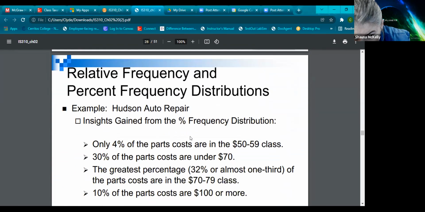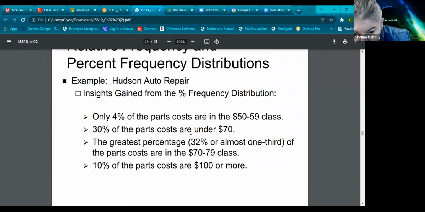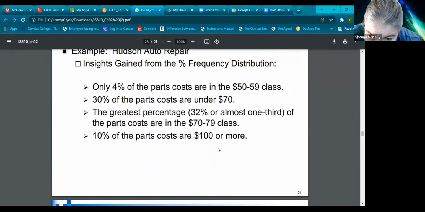Then you go back and now here it's just insights related to that particular example. Not too many parts are between 50 and 59, right? So most of them are within 70 to 79.